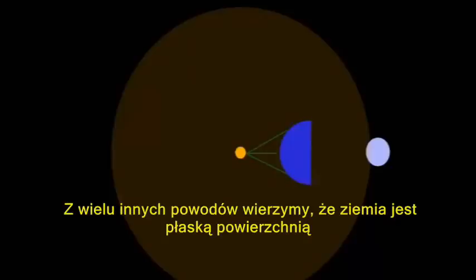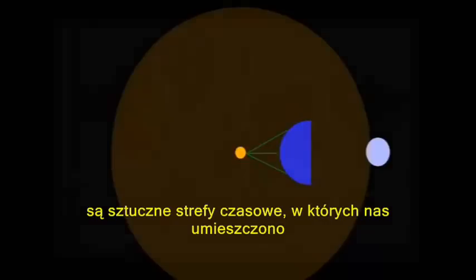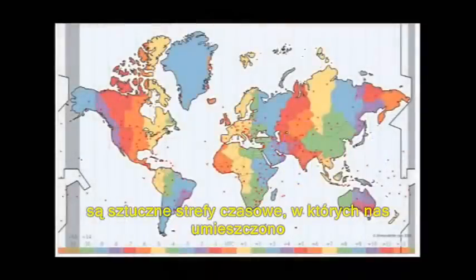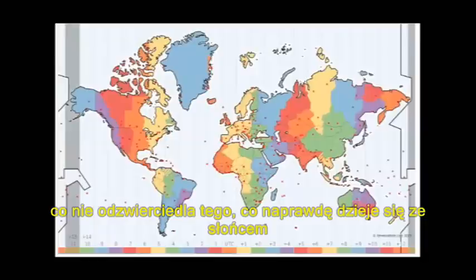But apart from that, one major thing that really locks us into this geometry of the ball Earth is the artificial time zones that have been imposed on us, which do not truly reflect what is happening with the sun.